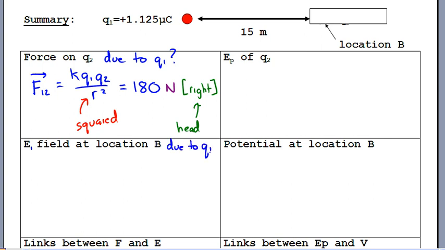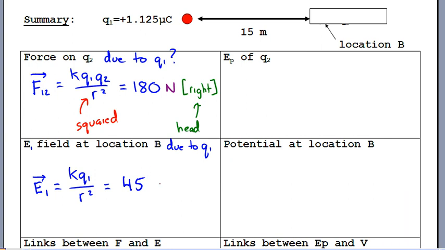So Q1 creates something that we need to warn people about. So electric field 1, capital E with no P on it, just capital E. It's a vector, so we'll have to put direction in too. We would go with K, Q1 all over an R squared. No Q2 in there. The value ends up being 45, but let's talk about the more interesting stuff, like the units.